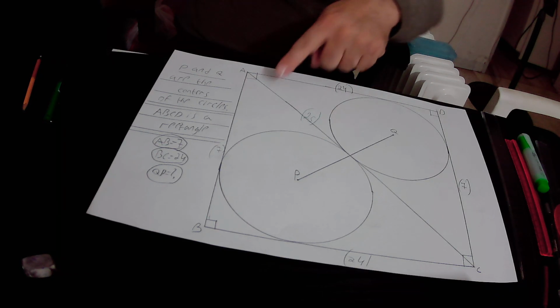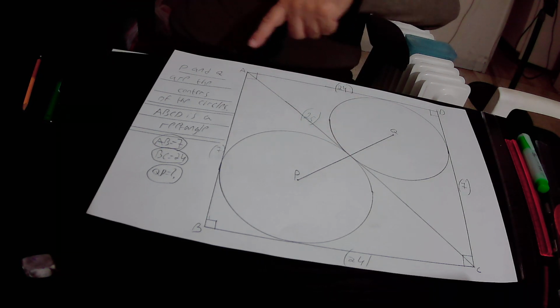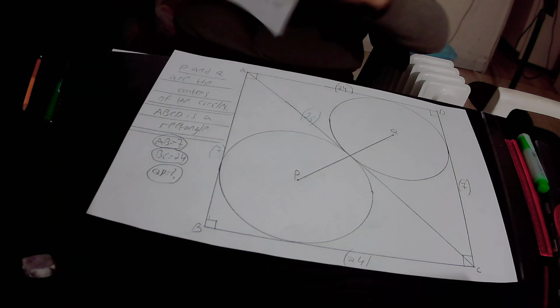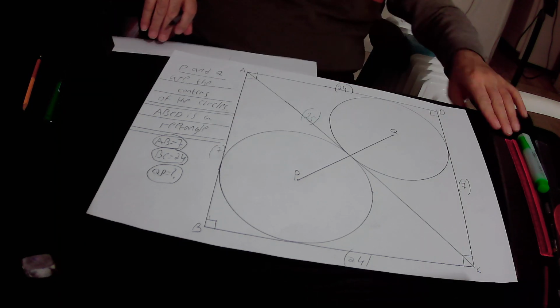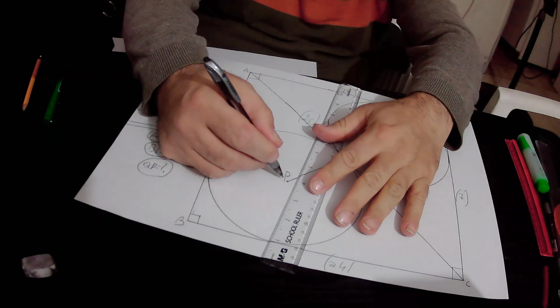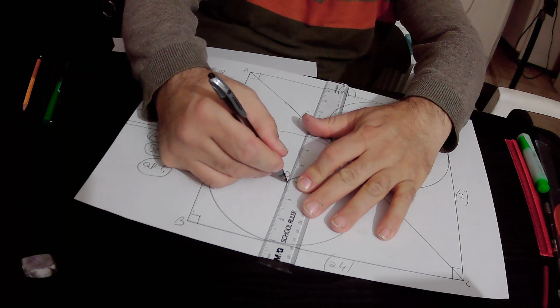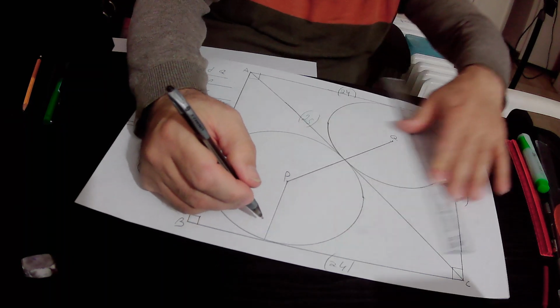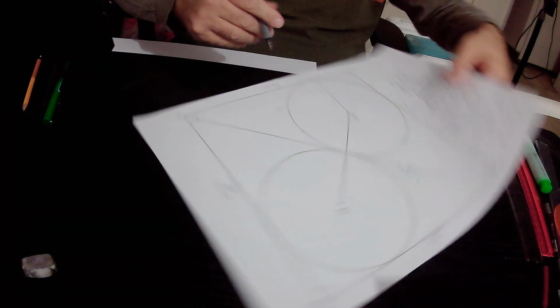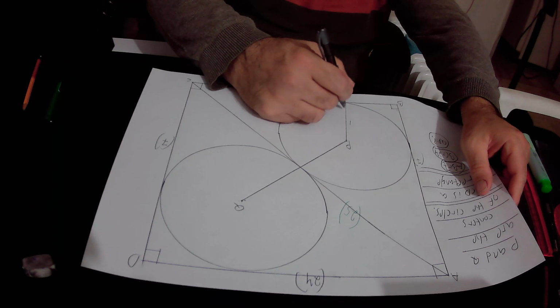We will define the radius of this circle as R. The radius of this circle equals R according to our definition.